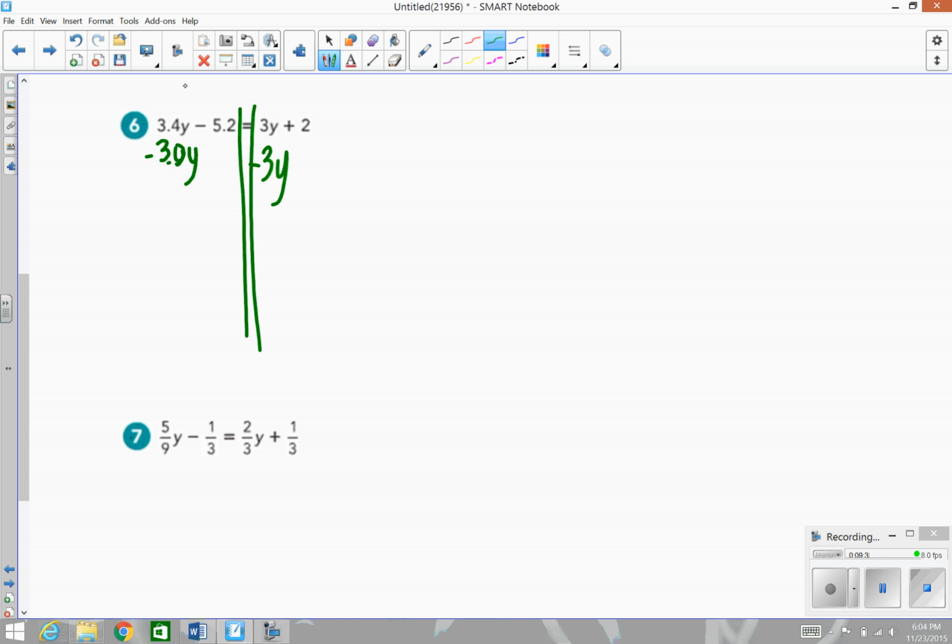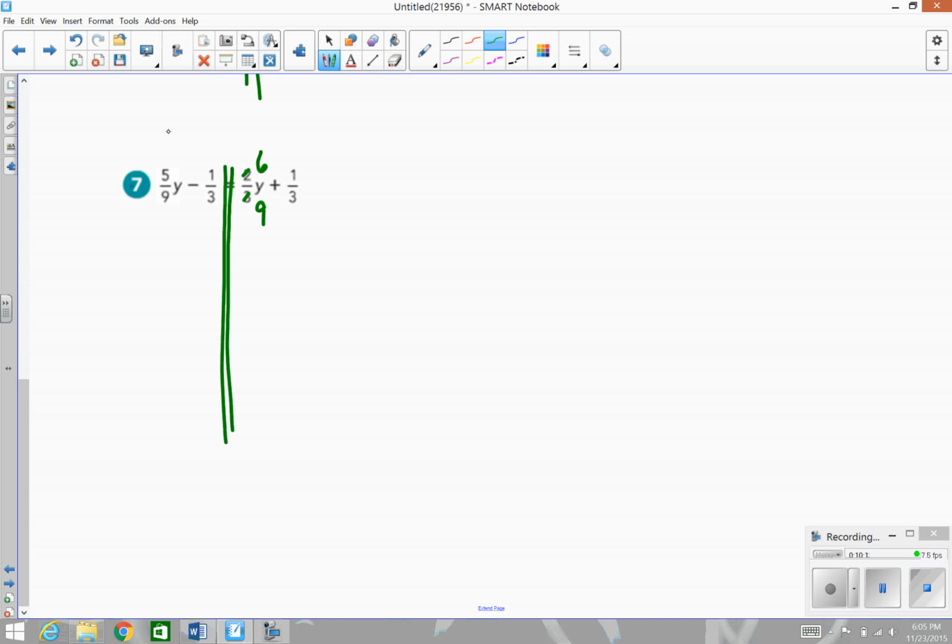Okay, setting up number 7, we want common denominators. Okay, well, what's common between 9 and 3? That's 9. Okay, so how do I change 3 into a 9? We have to multiply by 3. Okay, so 3 times 3 is 9. 2 times 3 is 6. Okay, so now we have to compare.